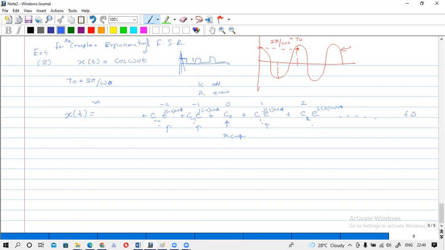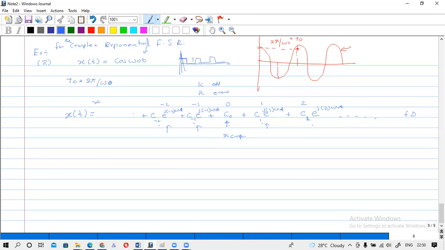That means there are an infinite number of harmonics, but we get only odd harmonics: first harmonic, third harmonic, fifth harmonic, likewise. We didn't get any even harmonics.